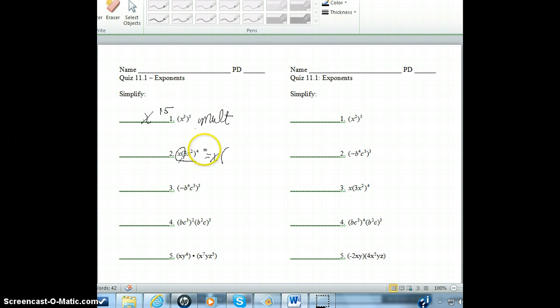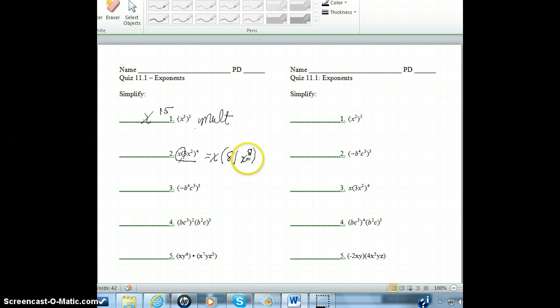So what is 3 raised to the fourth power? That means 3 times 3 times 3 times 3, 4 times, which gives you 81. Now we have the x inside the parentheses, x squared raised to the fourth power. As I stated before, like in problem 1, that would be multiplied, and that means it would be x to the 8th.